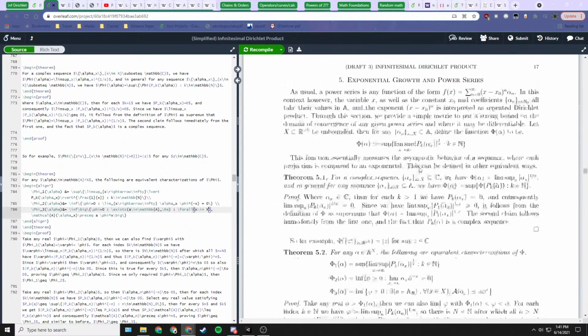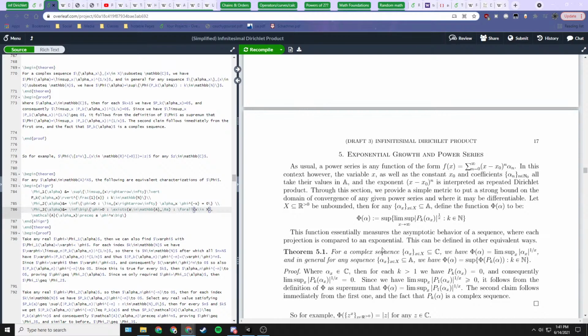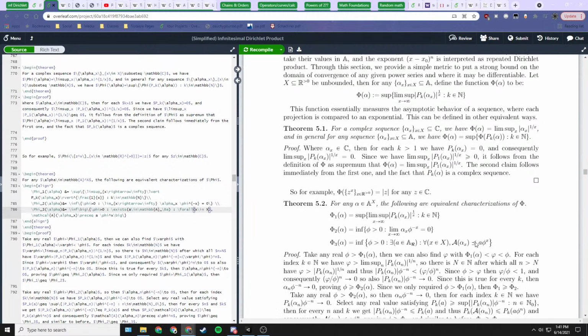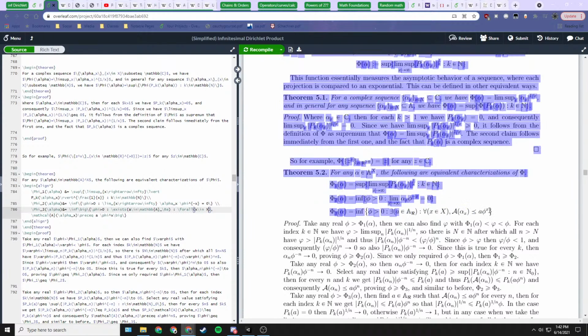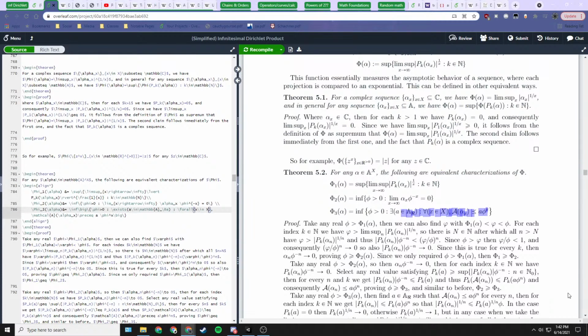So there's one way that this could break, which is that we actually need something else. This third characterization will need to be changed, in fact. So we can say, for any alpha in ax, blah blah.